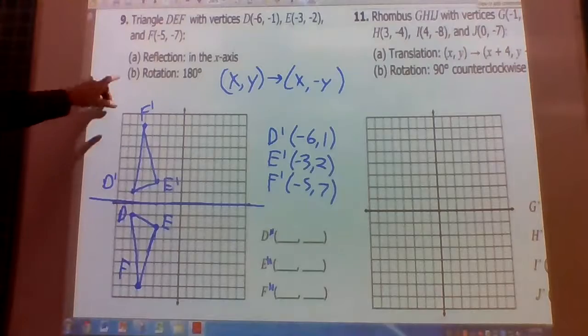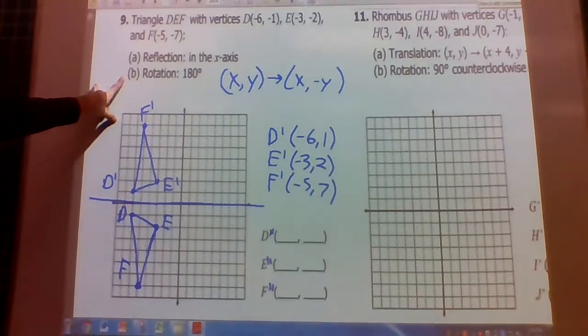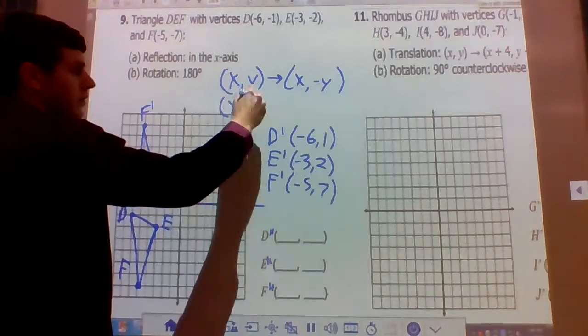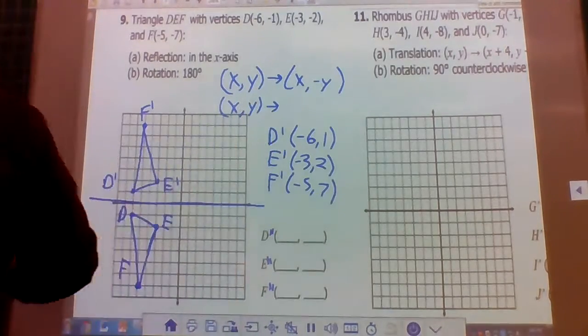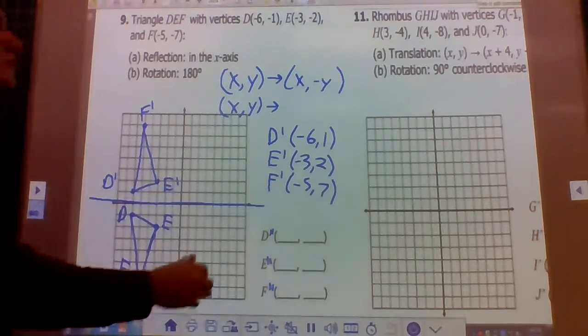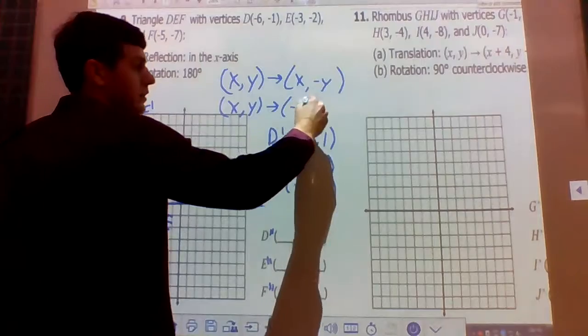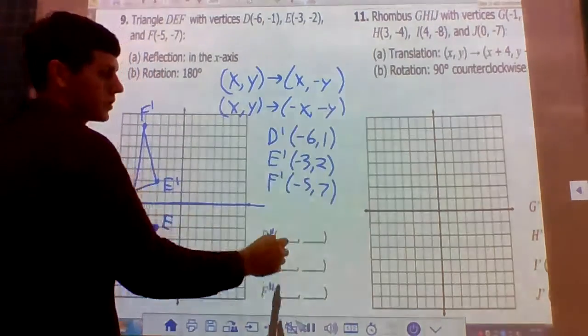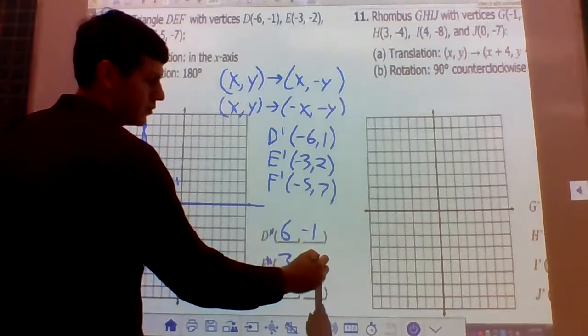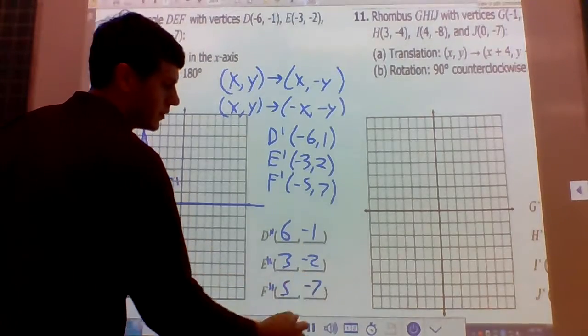So our next step then is the 180 degree rotation. So 180, we just switch our signs. So this is going to go to negative x, negative y. So this is going to become 6, negative 1, 3, negative 2, 5, negative 7.